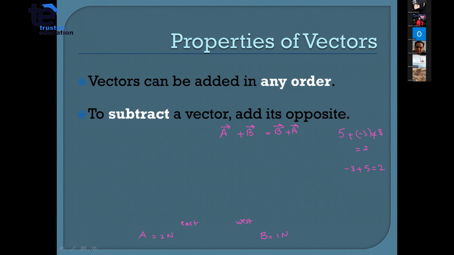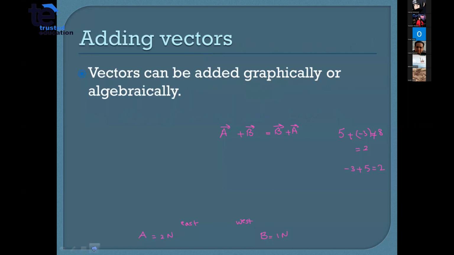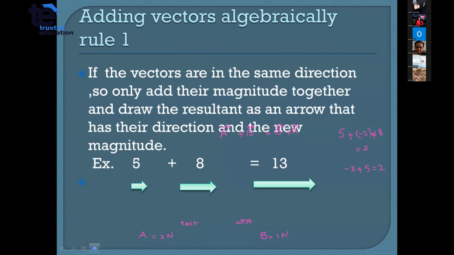Now I'm gonna go through the graphical method. Today we are gonna learn how to use graphs to add two vectors, and we are gonna check that by the algebraic method. So we know now that we can work out with vectors or add vectors both algebraically and graphically.